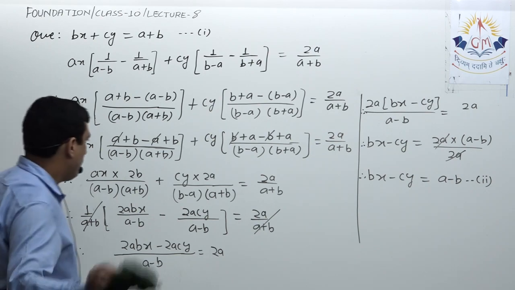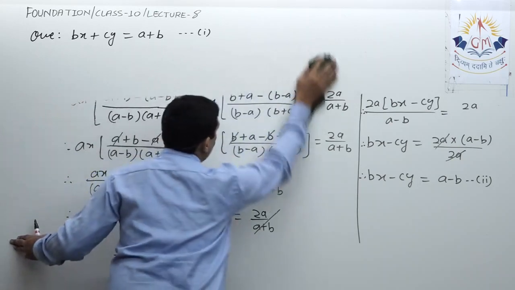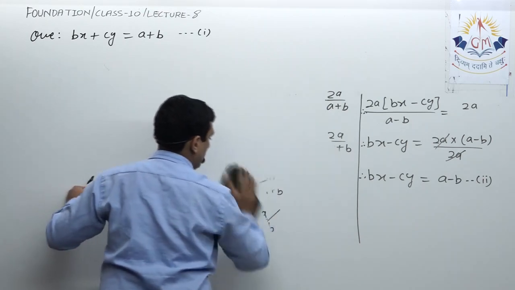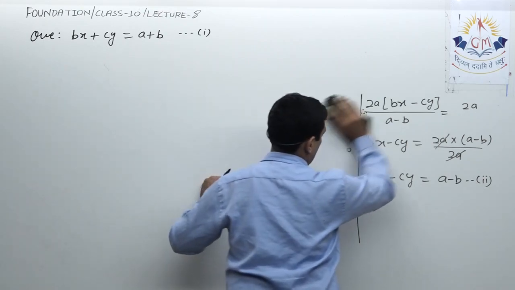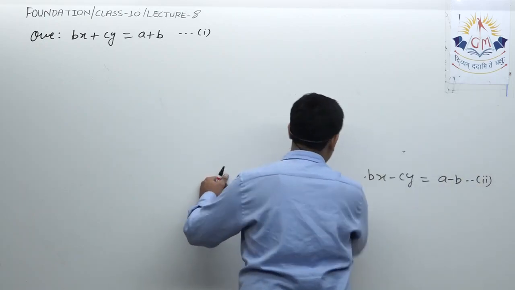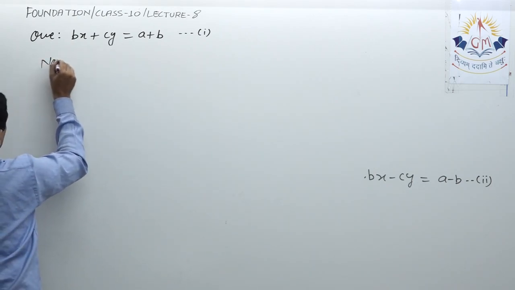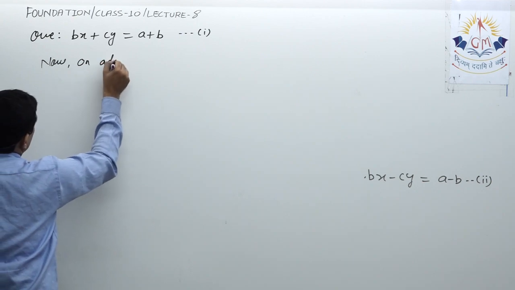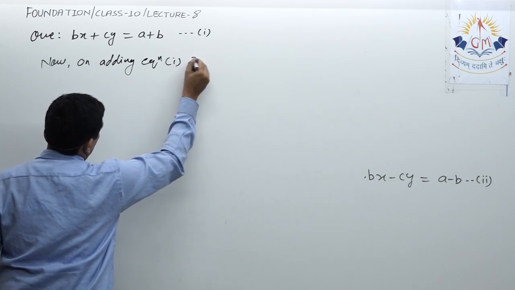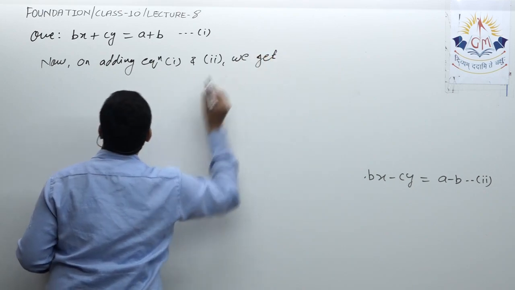Now we'll see its solution further. So simply what I will do, I will add these equations 1 and 2. On adding equations 1 and 2, let us see what we'll get.